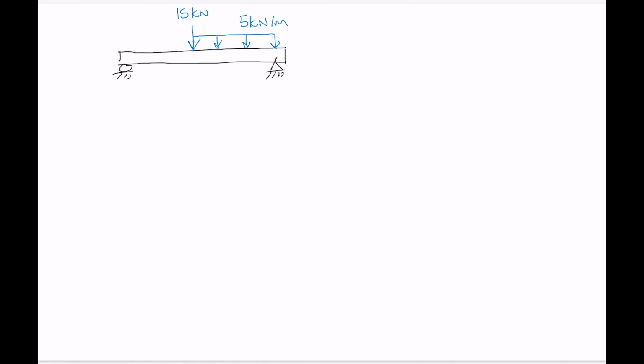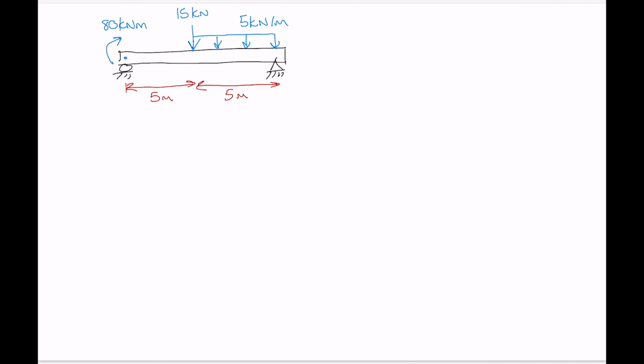And then we're also going to have a point moment at this end of the beam, and the point moment's value is going to be 80 kilonewton meters. And in terms of distances, to the center of the beam from the roller is going to be 5 meters, and from the 15 kilonewton load to the pin is also going to be 5 meters. So that's the beam that we have.